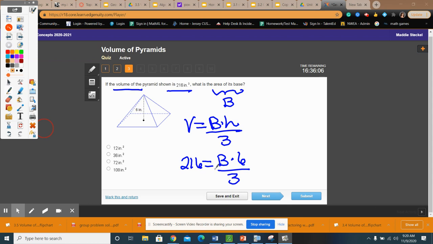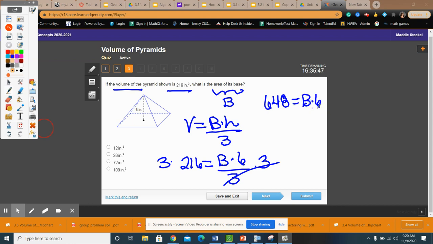So we need to get big B by itself. So the first thing you always will have to do is get rid of the 3 by multiplying both sides by 3. So 216 times 3 is 648. So that's 648 is big B times 6.